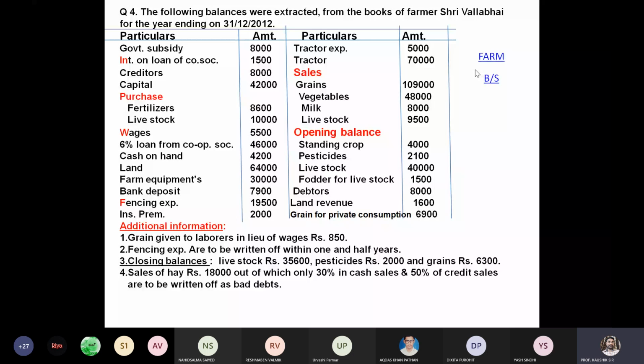Look at the additional information. Some new points are there. Point number 1, grain given to laborers in lieu of the wages, rupees 850. So grain is given for the wages. So this is the contra entry. Contra entry means effect will be given on the debit side as well as the credit side.